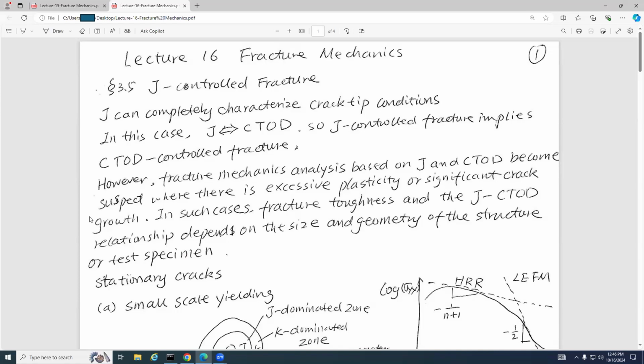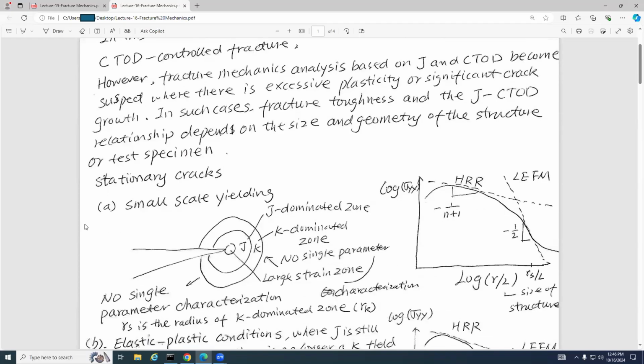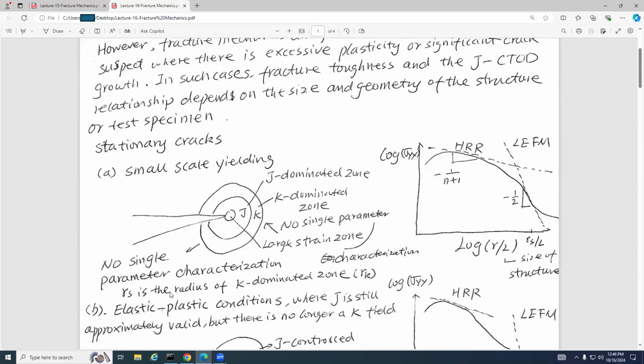And then we talk about small scale yielding. For small scale yielding, this is the K dominated zone, the whole thing.